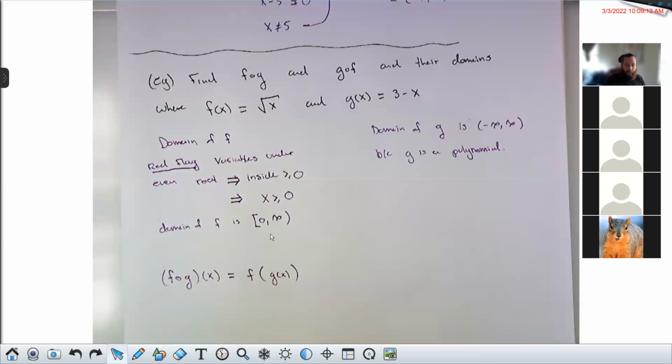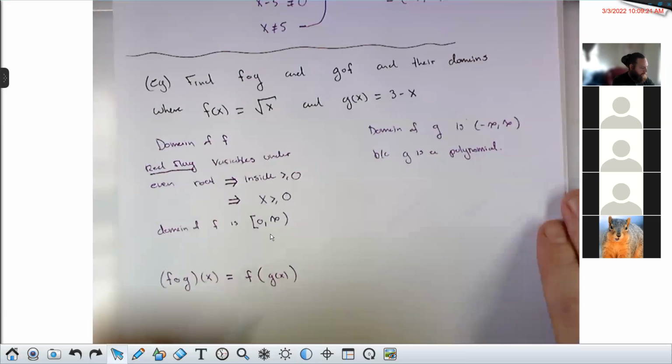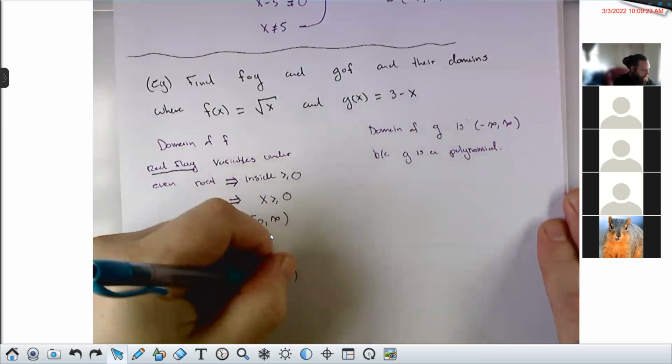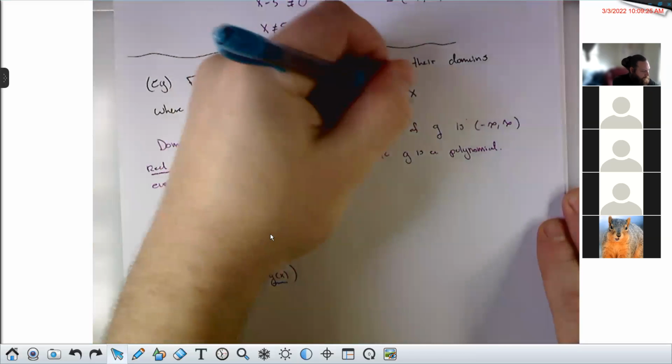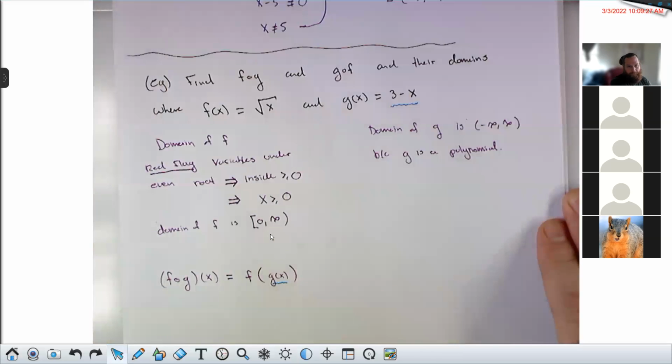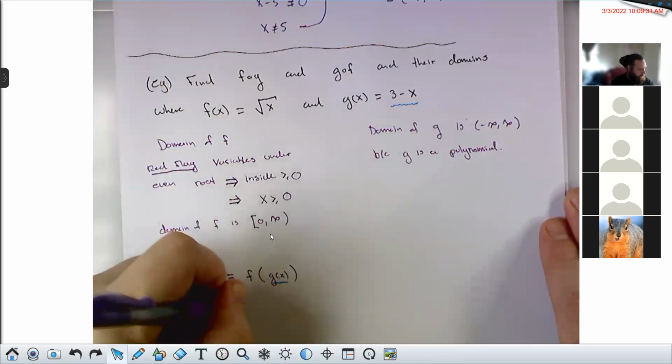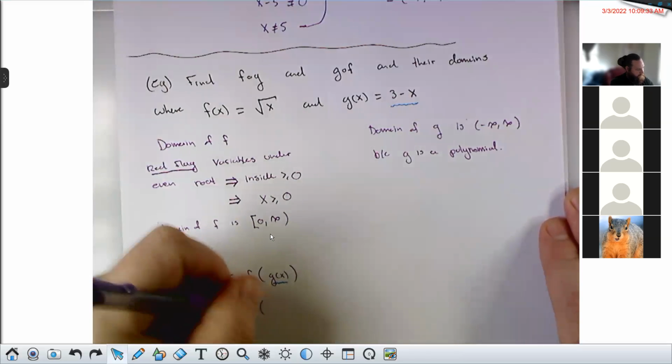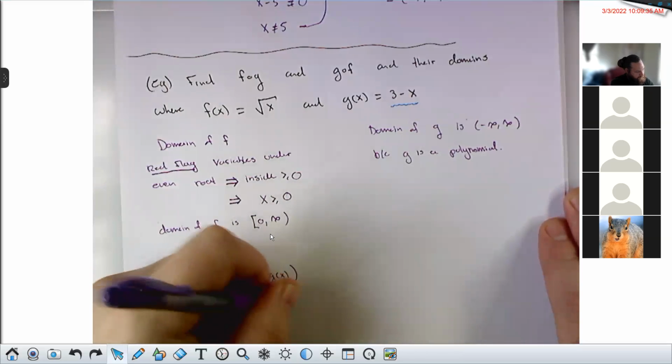And I think the nicest way to do this is working from the inside out. The inside piece here, g of x, is 3 minus x. So f of g of x is f of 3 minus x.